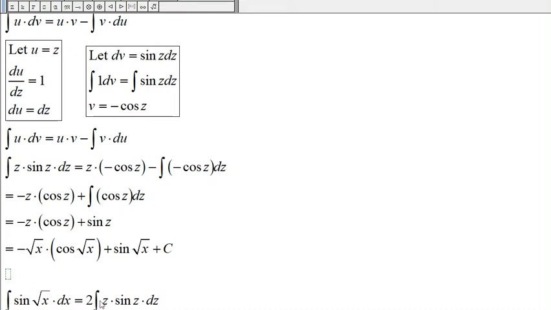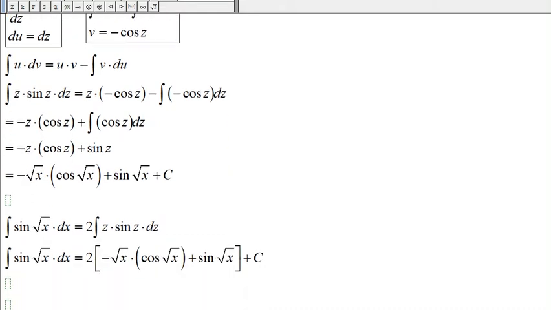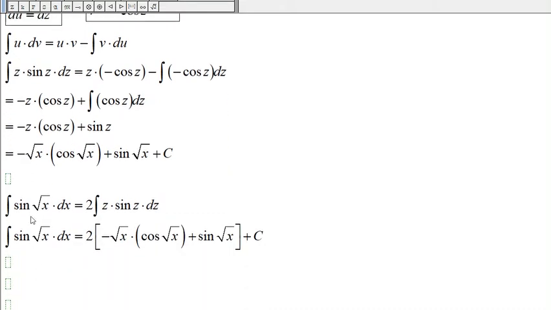But recall that our integral originally, earlier, was 2 times the integral of z sine z dz. And therefore, the integral of sine of the square root of x will be 2 times this. And this is the answer.